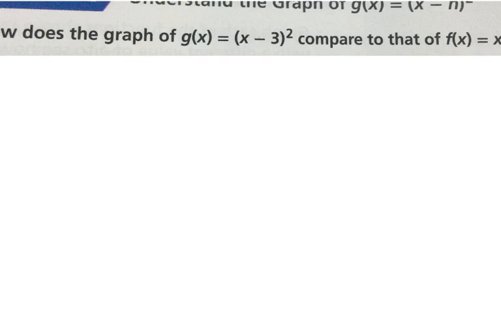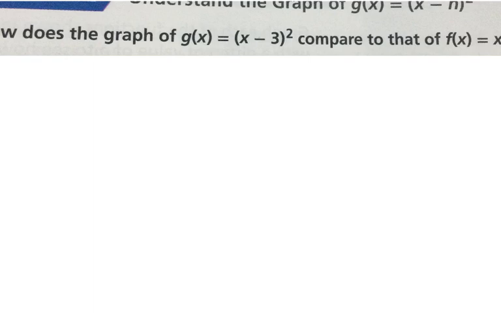Okay, so now we want to know, how does the graph of g of x equals x minus 3 squared compare to f of x equals x squared? So, before we put anything in our calculator, what do we notice is different about this problem? We have an exponent. Well, there was an exponent in the last one, too. It's in parentheses, though.